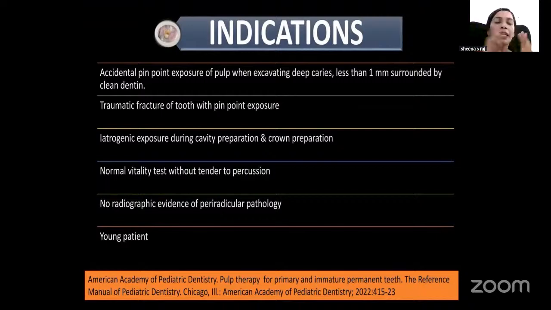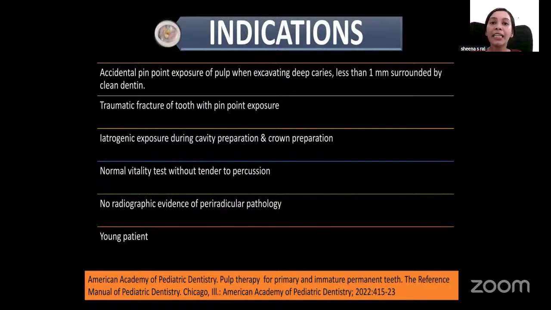That is the first indication of direct pulp capping, and all the dentine surrounding the accidental pinpoint pulpal exposure should be very clean. That is the first indication.